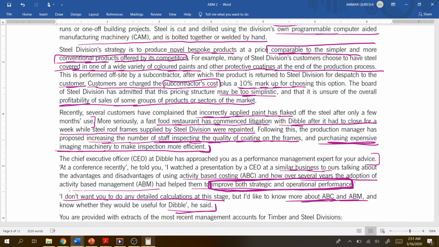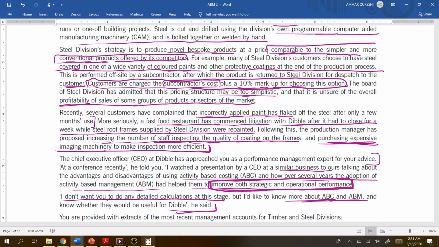Now, at a strategic level, we have to identify any product or any customer which is not a value added customer. There is a point in this question. It says that customers are charged for the subcontractor cost plus 10% markup for choosing that option.